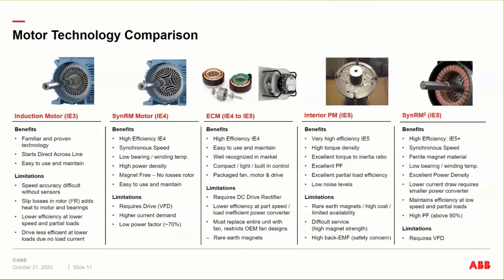They have very strong magnets in them that produce high back EMF, which is regenerative voltage, which can be a safety concern, etc. So not really utilized a whole lot in the HVAC market for that reason. But I just presented here to show you the different efficiency technologies that are out there.